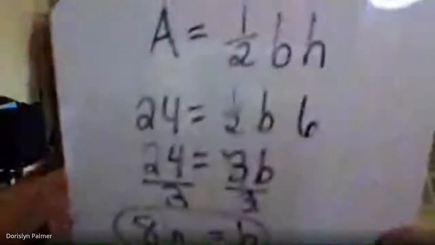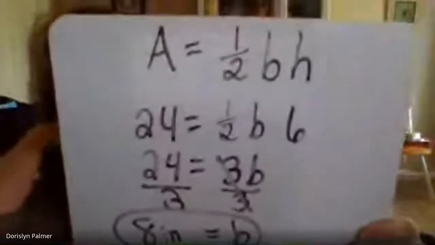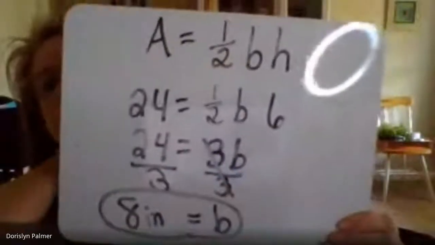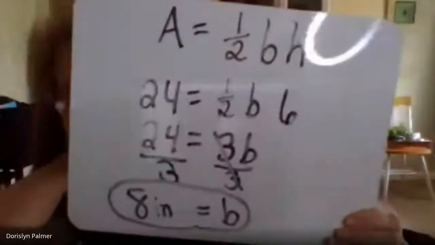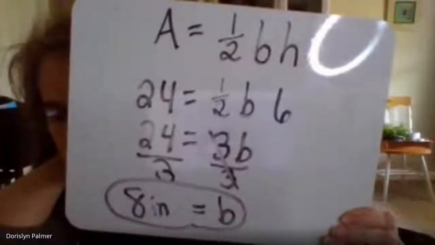Okay? So now we're using the formulas for our quadrilaterals to figure out other measurements. Right. So that's using problem solving using the area of a triangle.